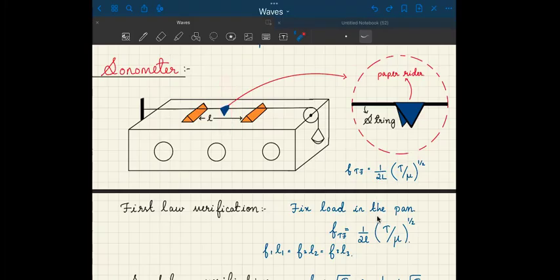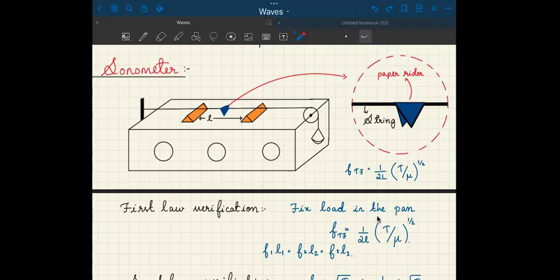The string will flutter, of course. The paper rider will slip from the string onto the board. Got the point? This condition is called resonance. And at that point, the length of the string is called the resonating length.